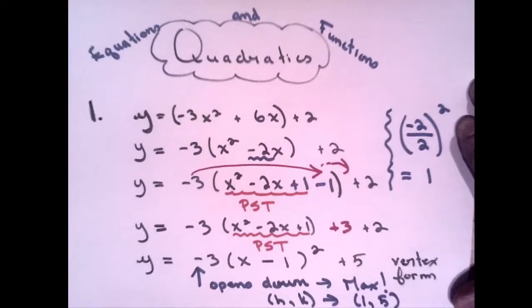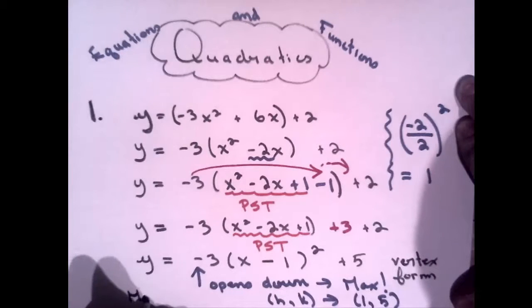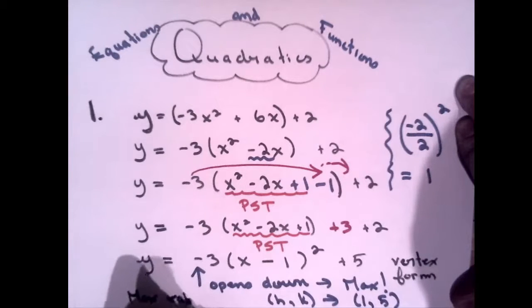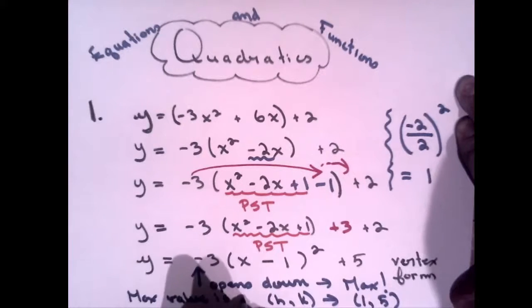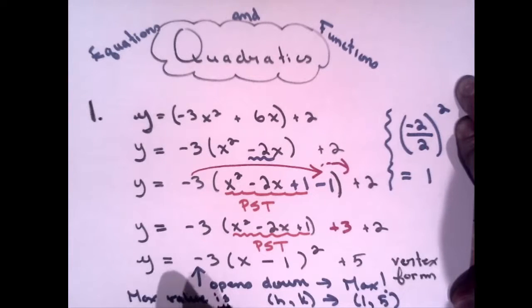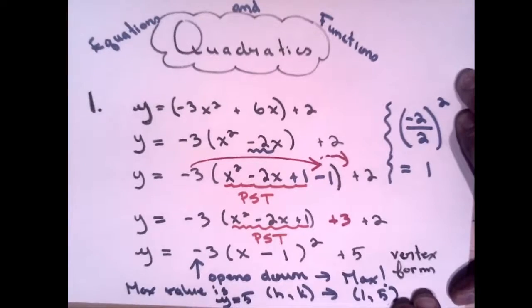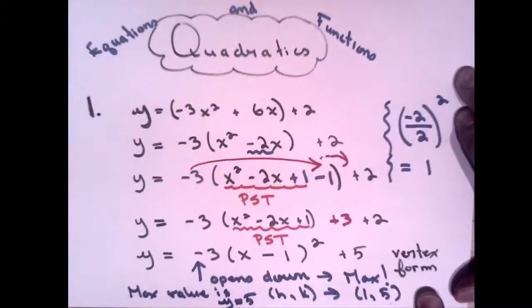When they ask for that, they want the y value, so the y value of the vertex. So in this case, it's 5. So the max value in this case, because it is a max, is y equals 5. All right, make sure you can see that. And that's what they asked for in question 1.